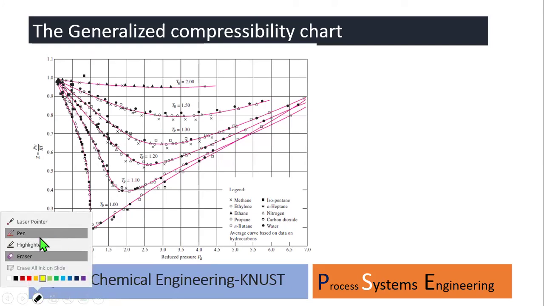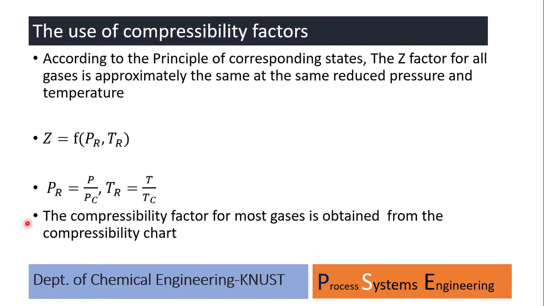So when we see something is reduced, we're just saying that it is the property divided by its critical property, especially for temperature and pressure. Is that okay? For volume, there's a little relation there, but for pressure and temperature, it's just the pressure and the temperature divided by the critical pressure and then the critical temperature. Is that okay?